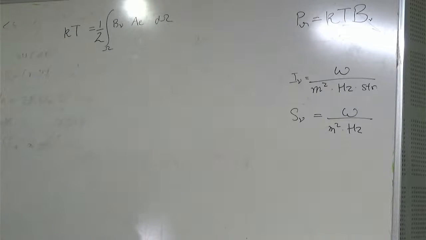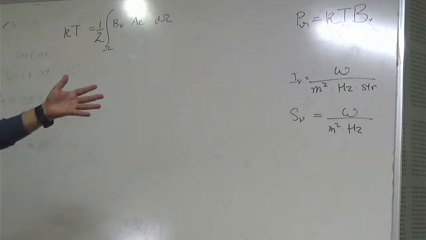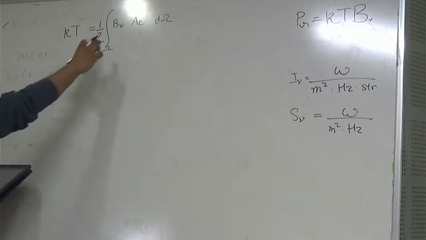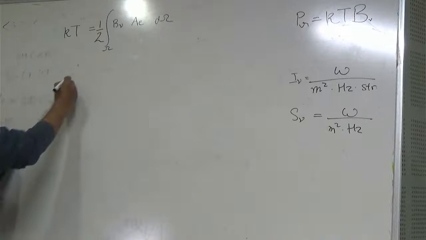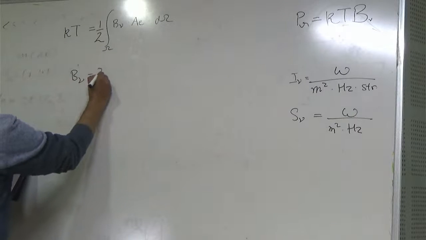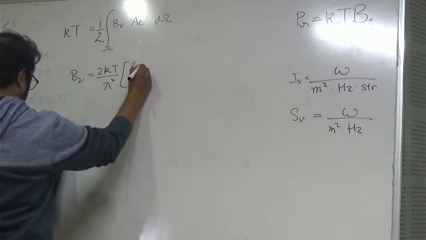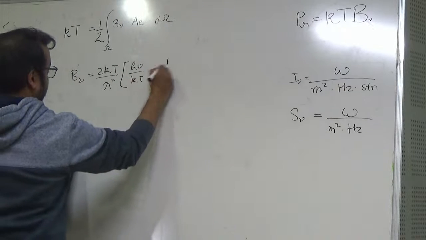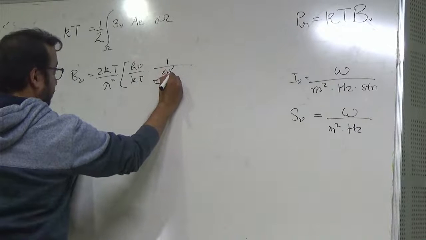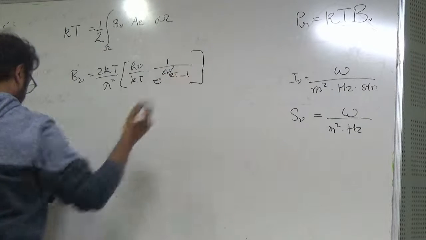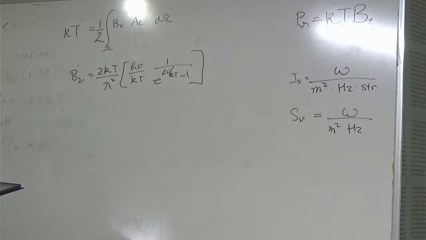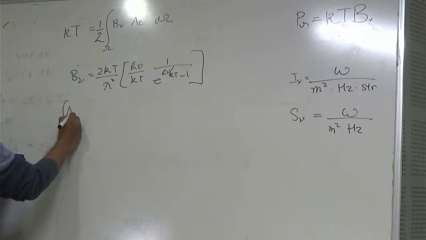So I will not do the full math in respect of time, but essentially this is a black body path, so you exactly know what your B nu is. When you plug in this B nu, what you will see is a very nice result.